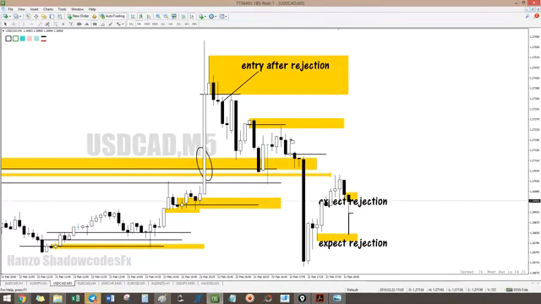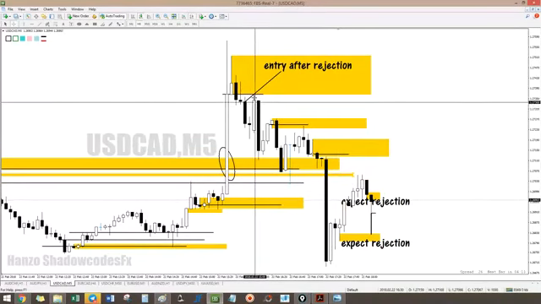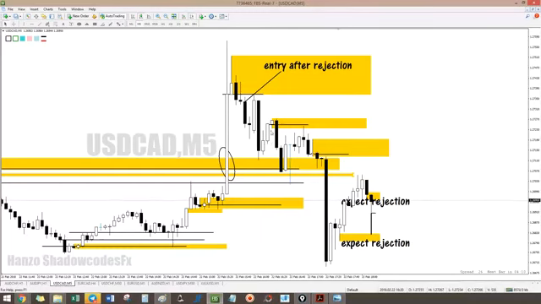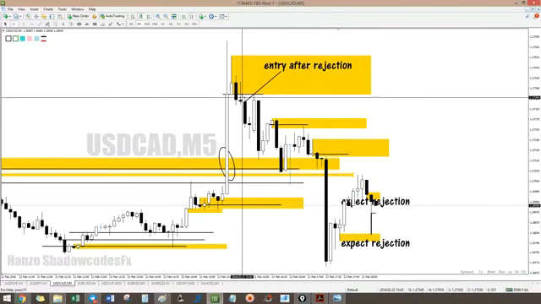So over here you also have a base. And then eventually it goes down like this. So just train your eye to see this kind of rejection. Price can reject on low price, open price, close price, high price. But the best one will be the open price. I just want you to focus on open price because this is the best rejection that you want.